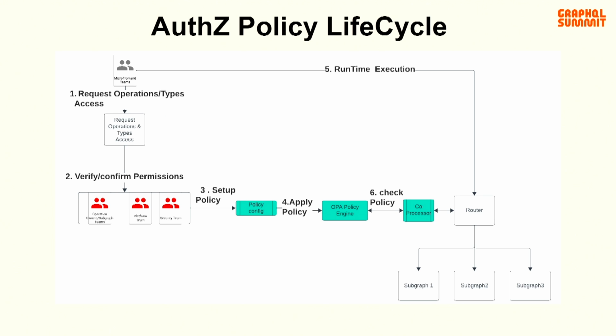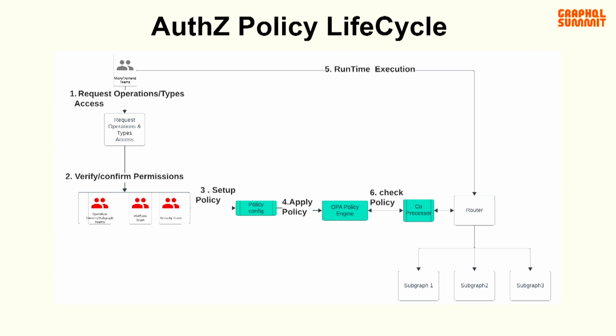This request is passed on to the governance body, which comprises the subgraph teams who own the subgraph and the operations and the data types, the platform team which runs the platform, and the security team which applies the security practices. The request from the client is reviewed by this body, and then it translates to a policy.